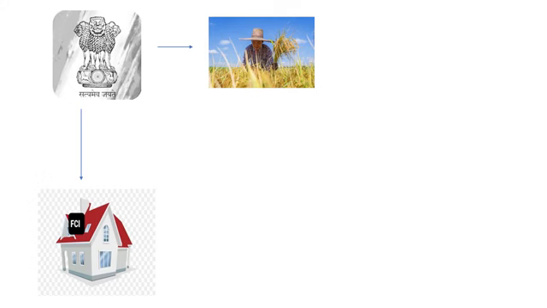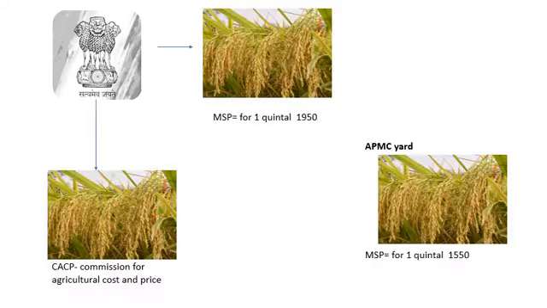So let's say, for example, the Government of India procures rice at 1950 per quintal from the farmer, while in the APMC yard it sells for 1550.